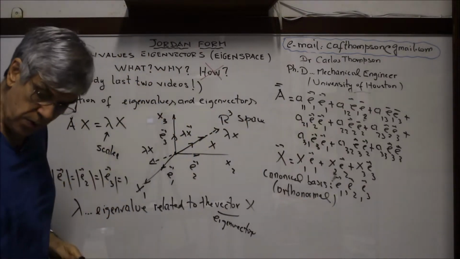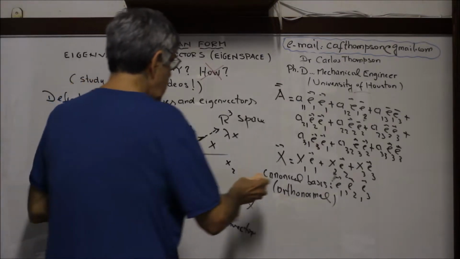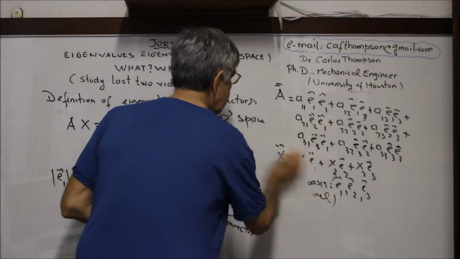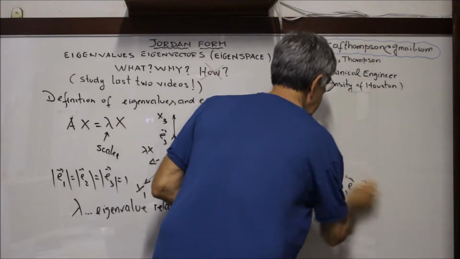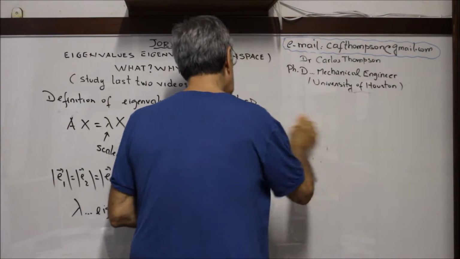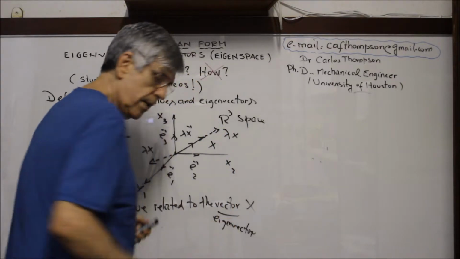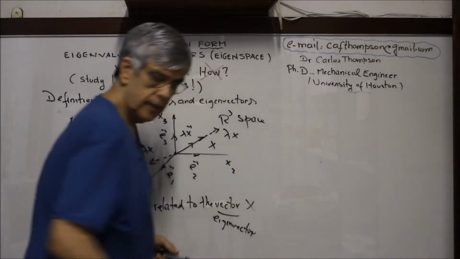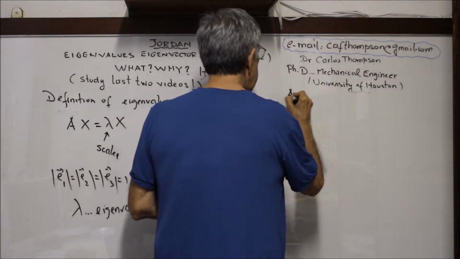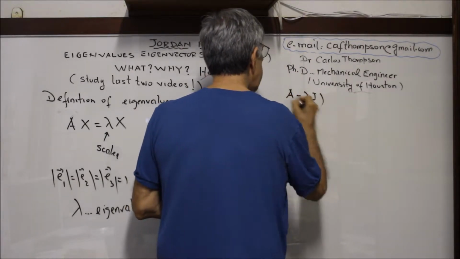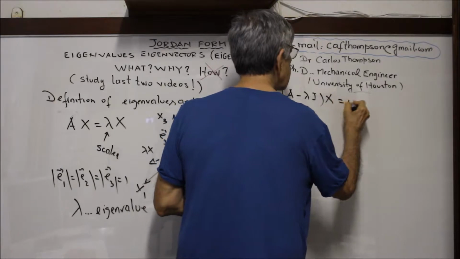Now, I'll erase this. And suppose I'm solving this homogeneous system. Look: A minus lambda I times x is equal to 0.